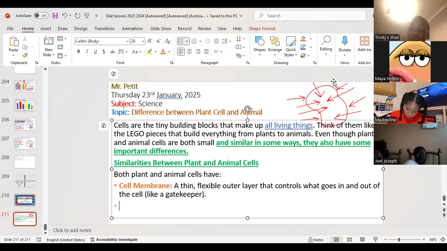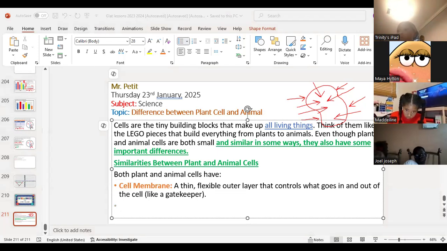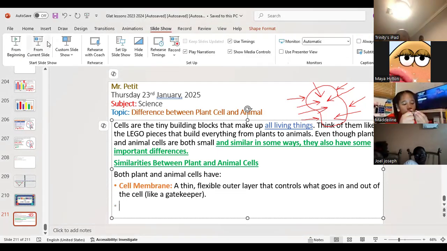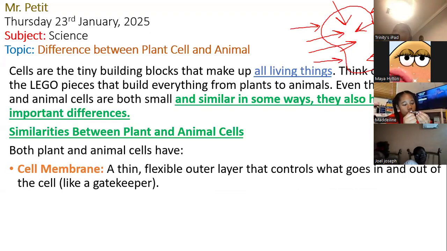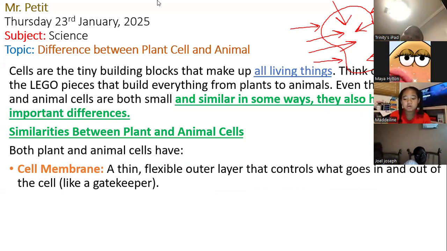All right. So Trinity, what does a cell membrane do? It controls what goes in and out of the cell. Very good. And Kylie, what does the cell membrane do? It controls what goes in and out of the cell. Very good.